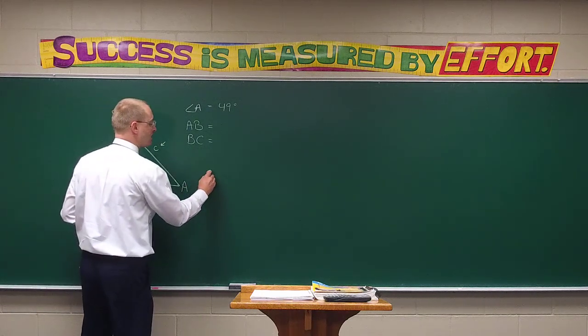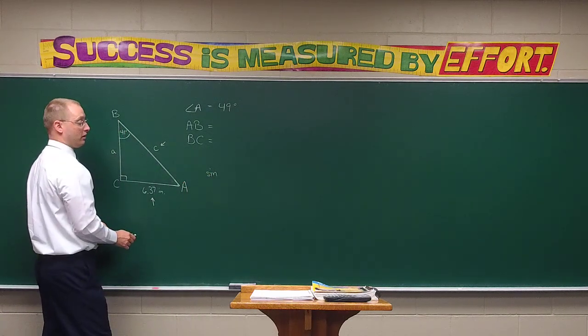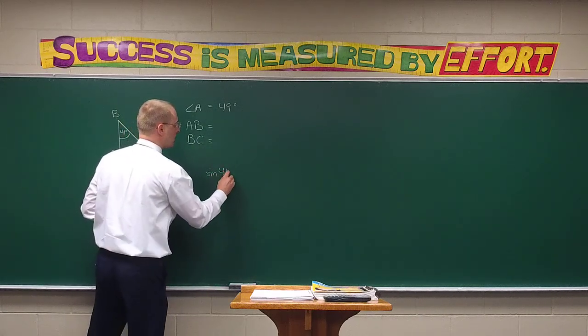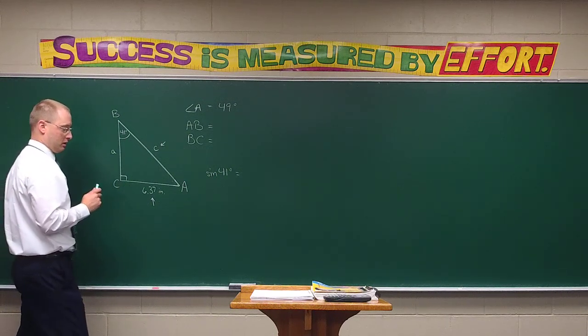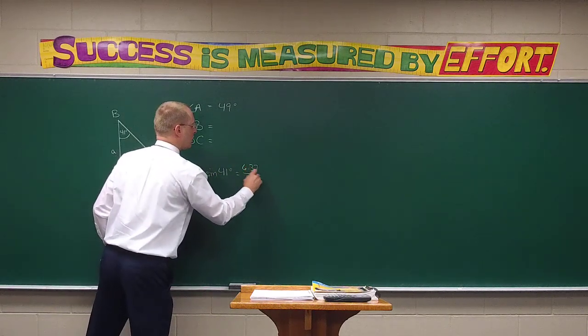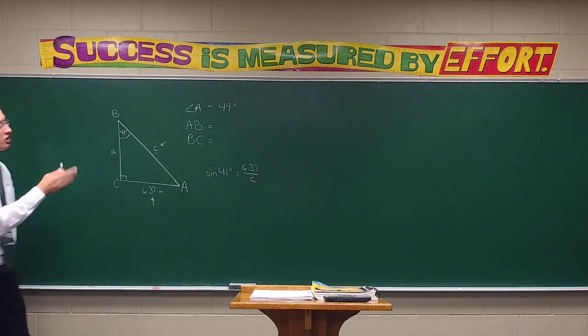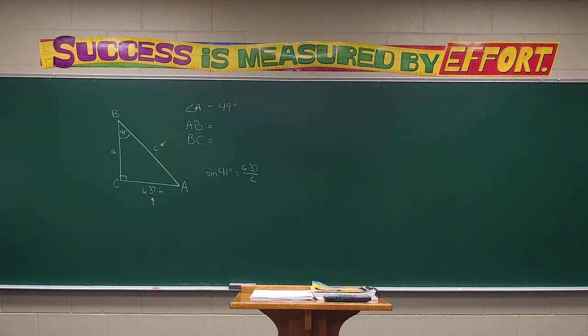So we would say that the sine of 41 degrees is equal to 6.37 over C. There we go. And then to solve for C, since it's in a denominator, we need to alternate and divide, right?